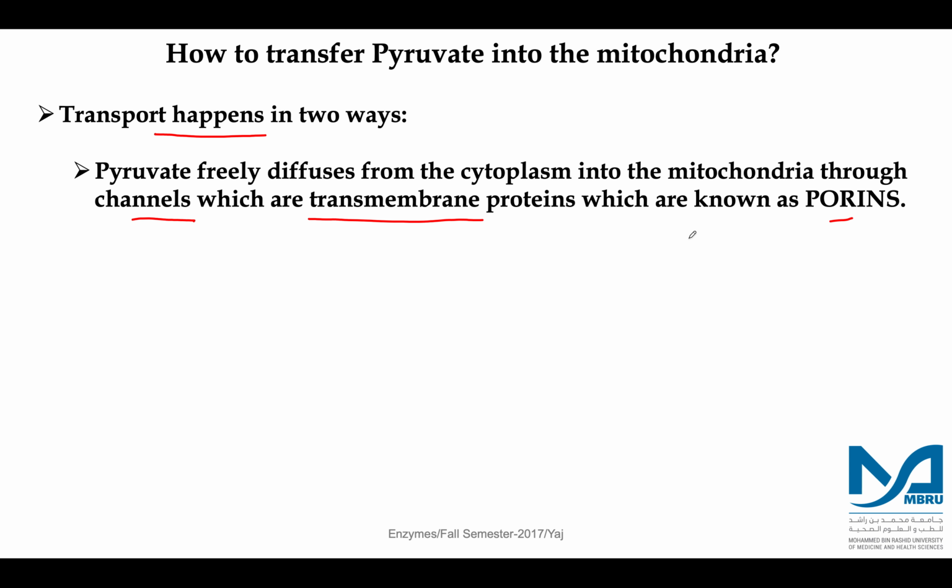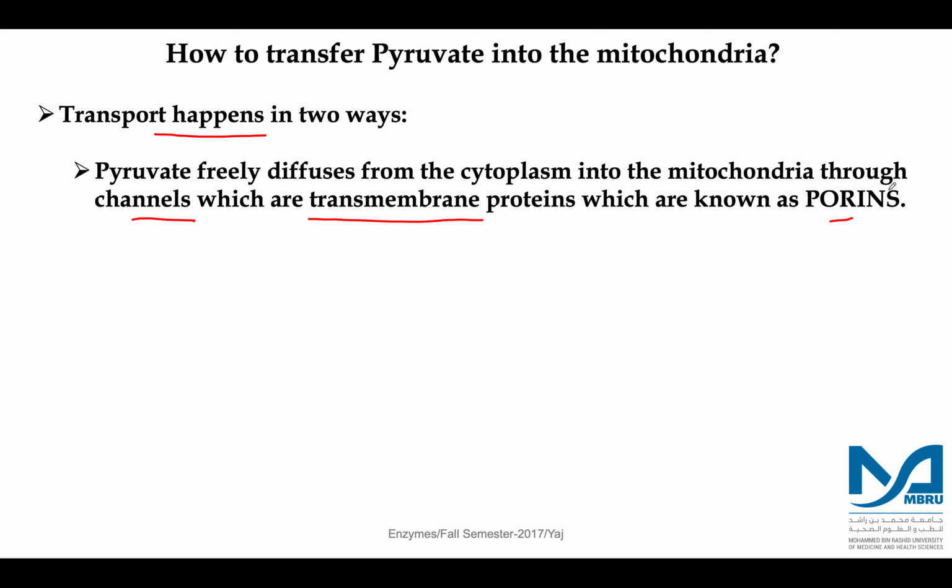So a simple diffusion, and diffusion means that pyruvate will move across a concentration gradient from a region of high concentration to a region of low concentration. Region of high concentration, that is the cytosol, and the region of low concentration is the mitochondrial matrix. And in doing so, it passes through specific transmembrane proteins present in the mitochondrial membrane, known as porins.